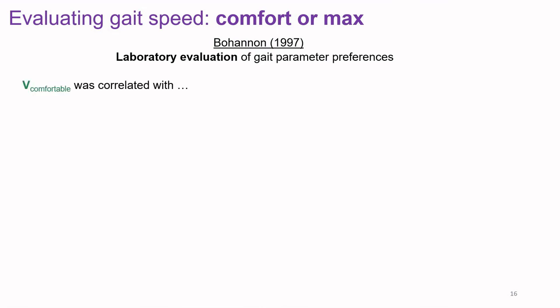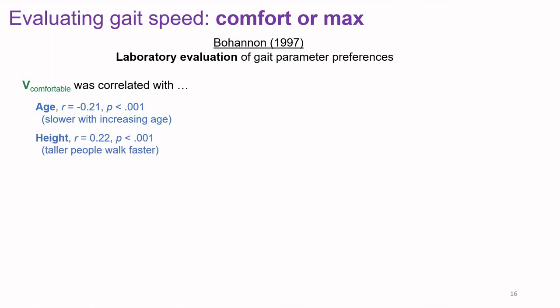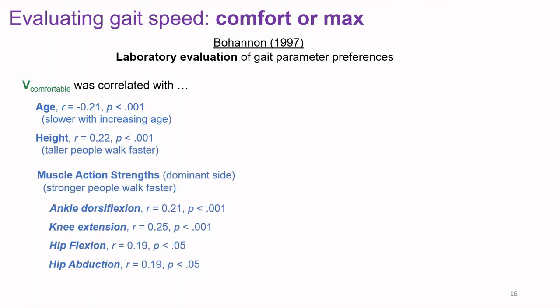In this study, it was found that self-selected comfortable velocity was correlated with age, with height, and with measures of muscle action strengths such as ankle dorsiflexion strength, knee extension strength, hip flexion strength, and hip abduction strength.